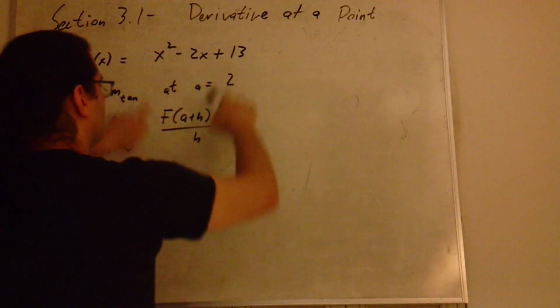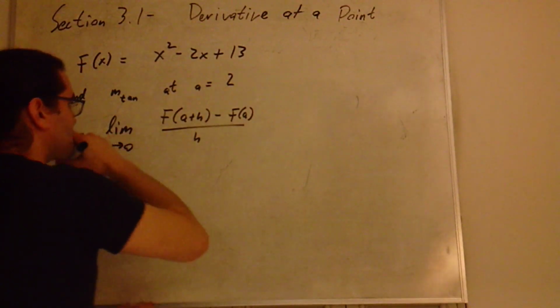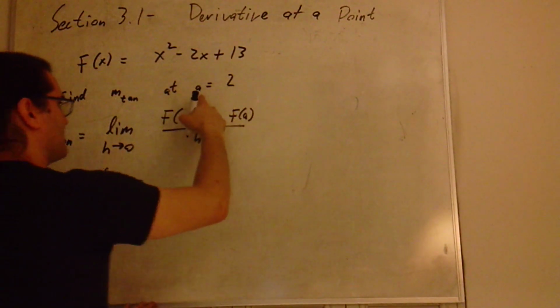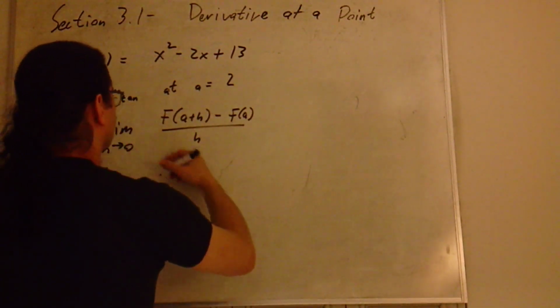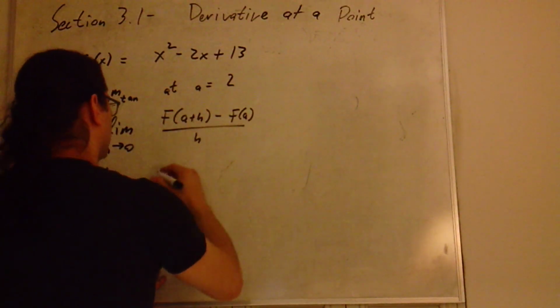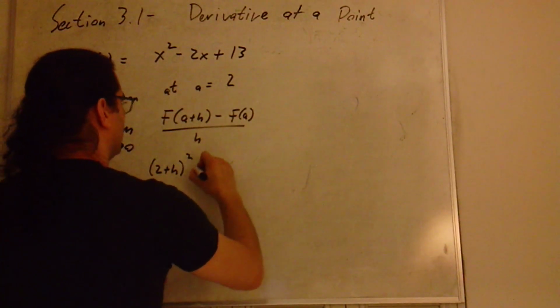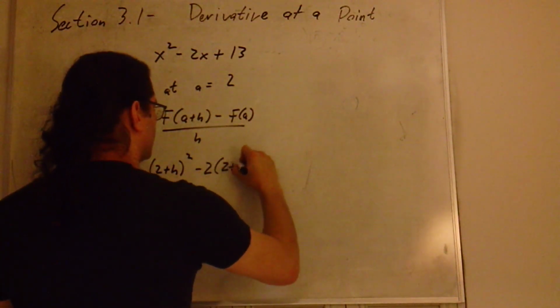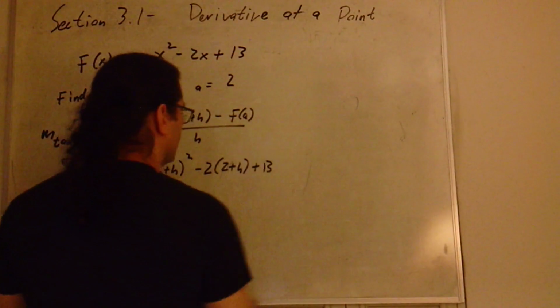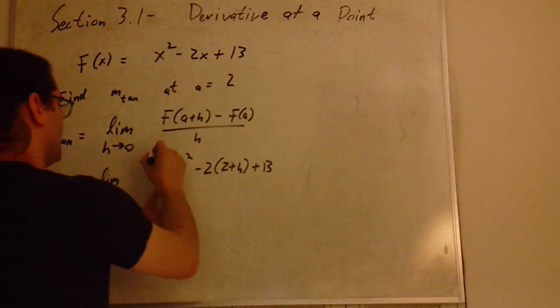We're going to plug our function into this difference quotient, and we're going to plug in a at the same time. So this is going to be f of 2 plus h, which should be 2 plus h squared minus 2 times 2 plus h plus 13. This is f of a plus h.